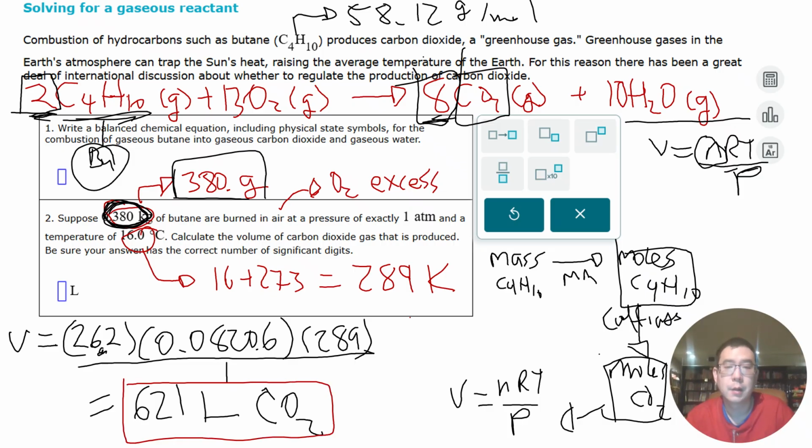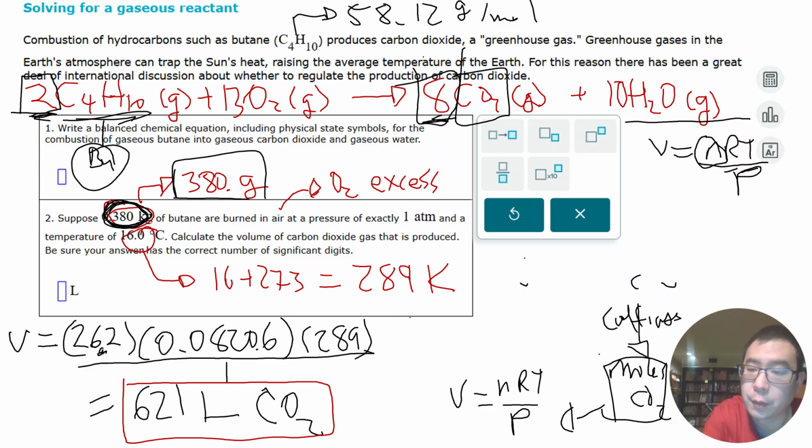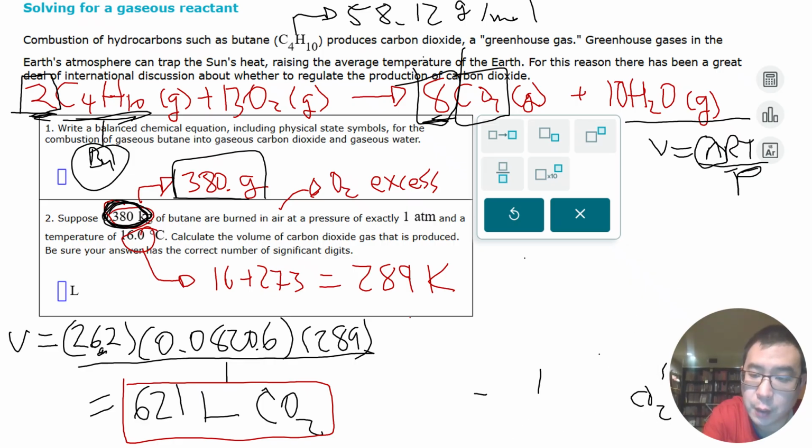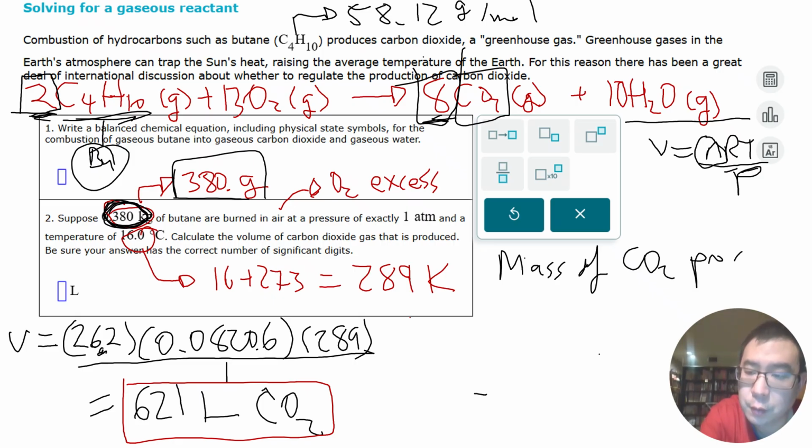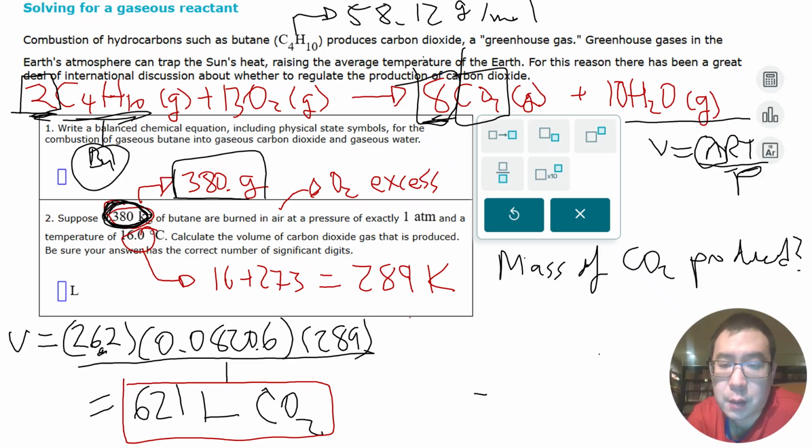All right. There's a lot more that we could do with this problem. So if you followed thus far, then you can think about how you might want to do the following. How could you find the mass of CO2 produced? Could you find the density of CO2 produced?